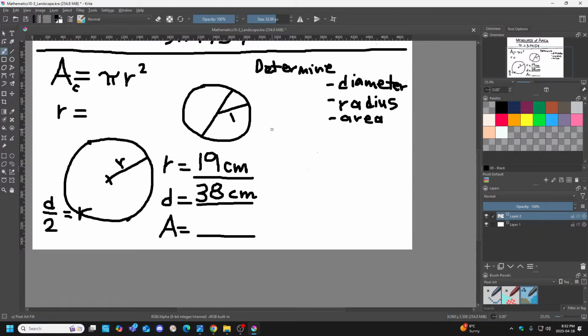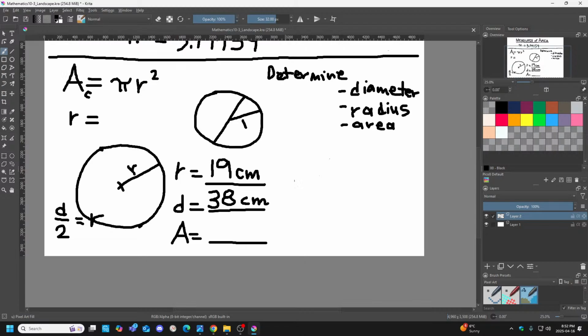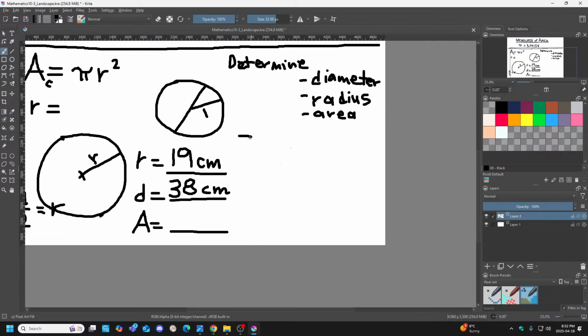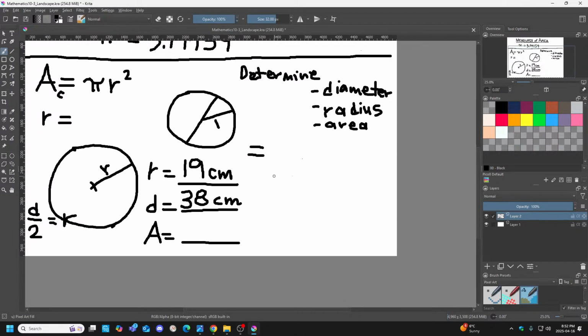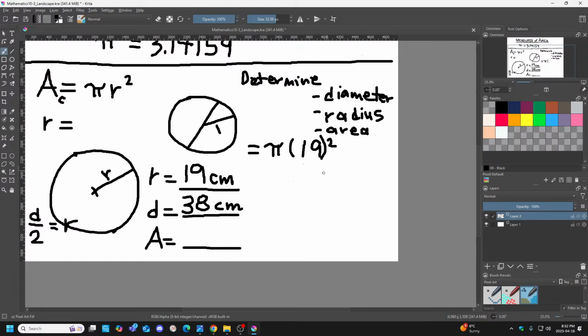Okay, so same thing. Our formulas are already up here, so I'm just going to go like this. Equals pi times 19 squared, I'll just fit it in there.